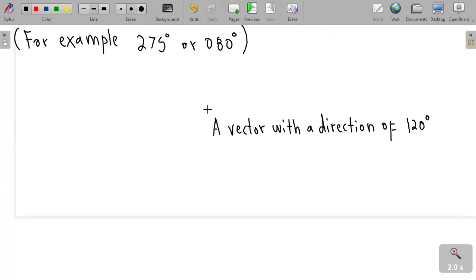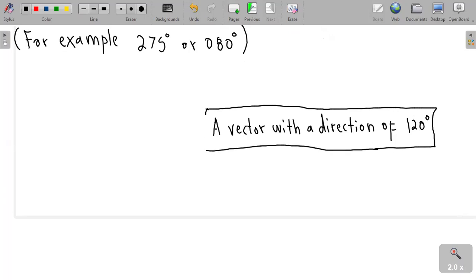Let's see how this vector would look. What do we mean when we say clockwise? You will have the tail of the vector. Now the north will be in this direction.